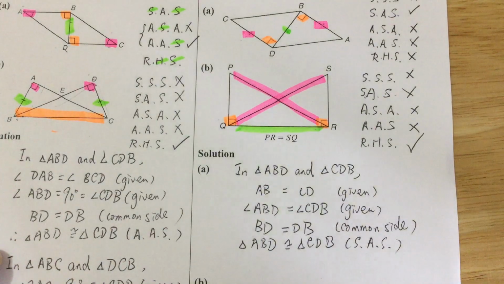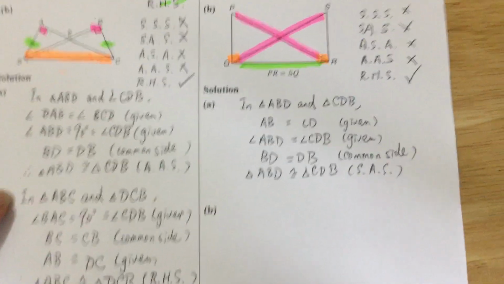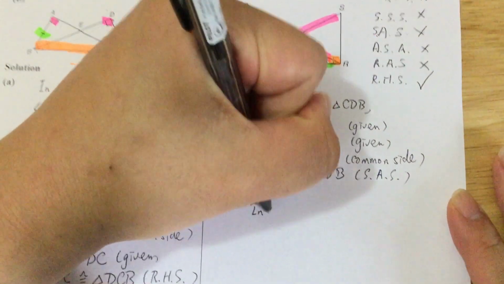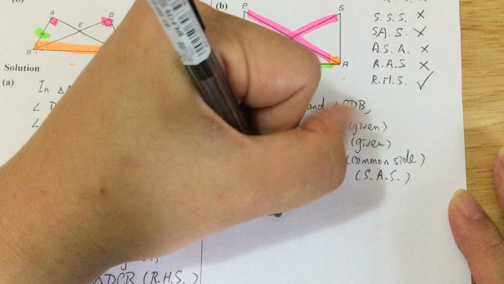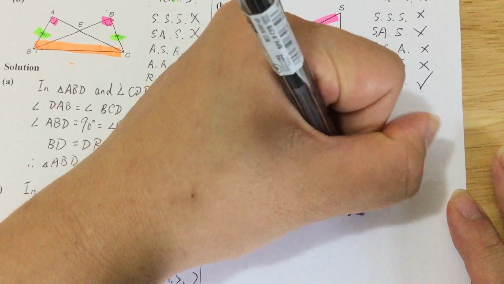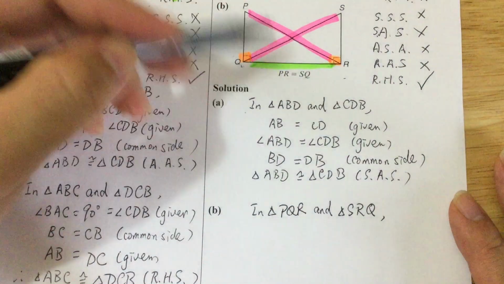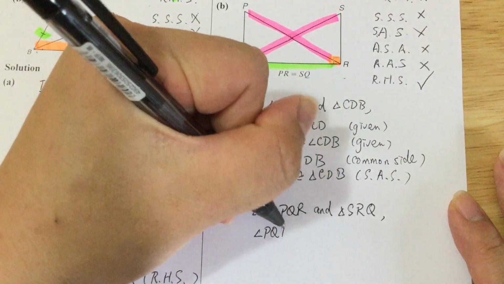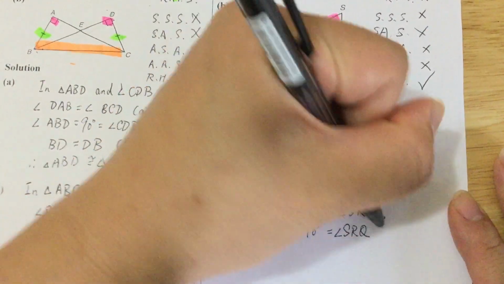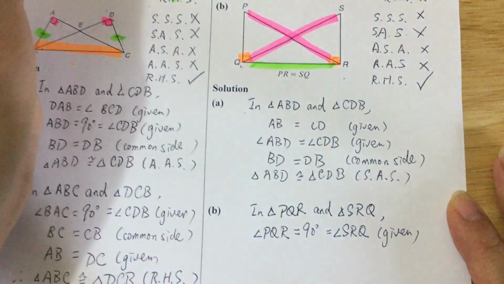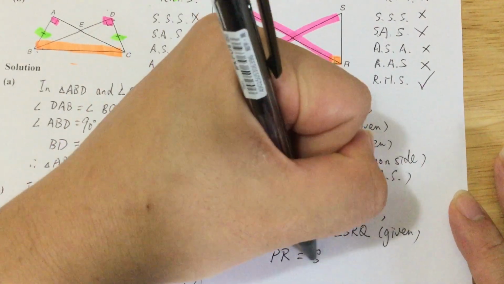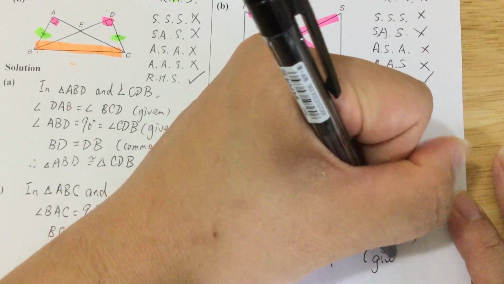And now we will go to part B. For part B, that one is RHS. So in triangle PQR and triangle SRQ, right angle goes first. Angle PQR is equal to 90 degrees, equal to angle SRQ, given. Next, the hypotenuse PR is equal to SQ, given once again.